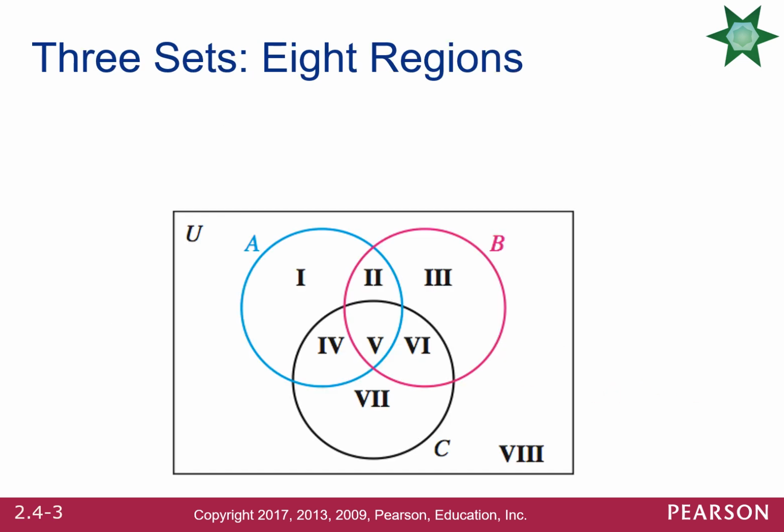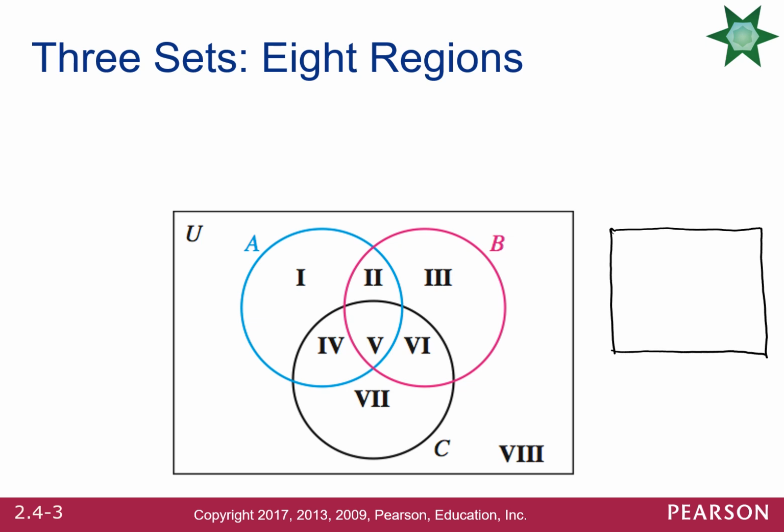Now, before we go into talking about Venn diagrams for three sets, I just want to review what we learned about Venn diagrams in two sets. If you recall, for Venn diagrams in two sets, we had our rectangular box here.